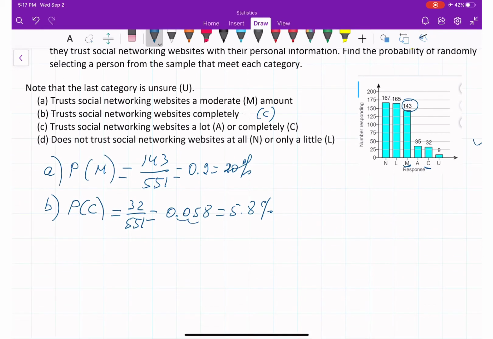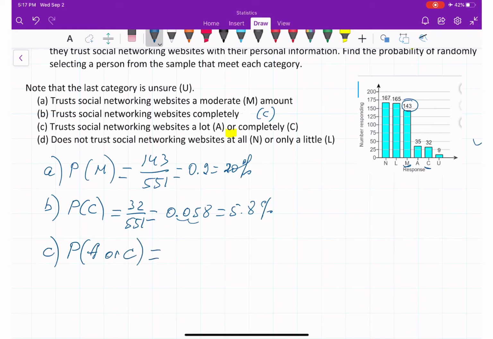C, trust social networking websites a lot or completely. Pay attention. Or, so here we have addition, right? So it's going to be the probability of A, trust a lot, or C, completely.